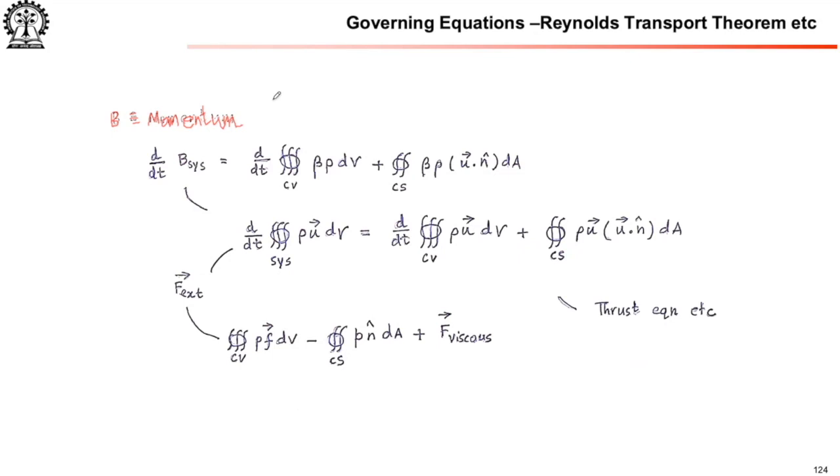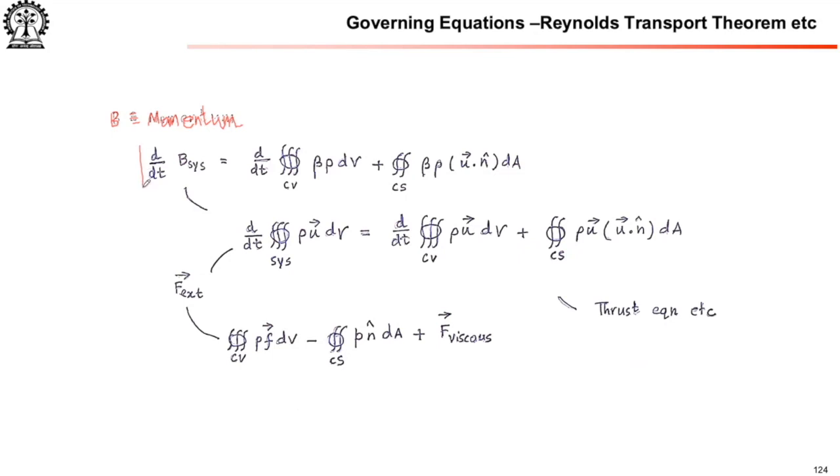We also did the stress tensor, the body force, the pressure force, and we showed the net force acting on that chunk. In this case, our control volume is a little finite.